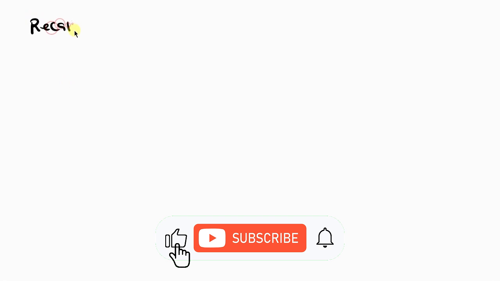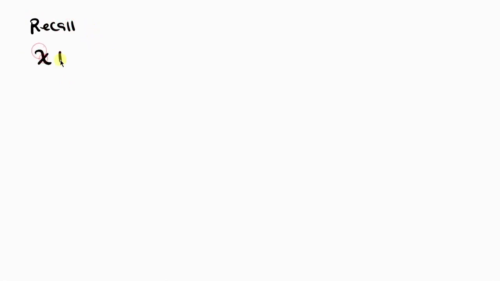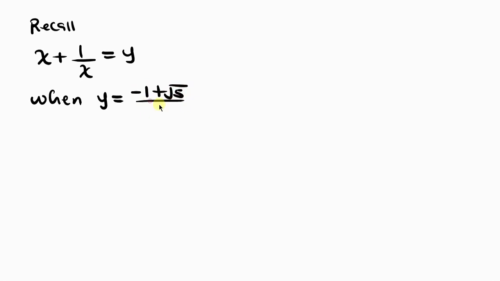All right, now recall that our equation star is actually x plus 1 over x equal to y. Now we're going to be solving for when y is equal to negative 1 plus the square root of 5 all over 2. So let's substitute this here.